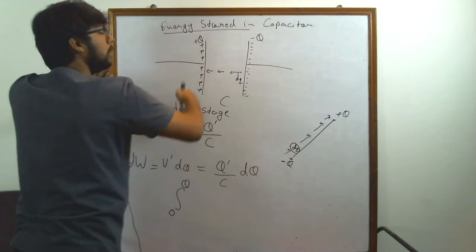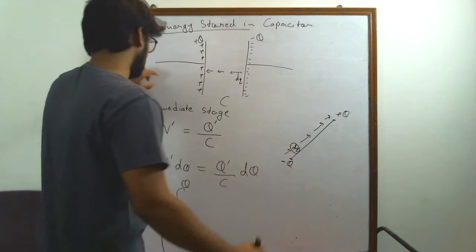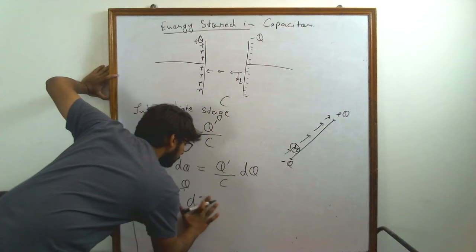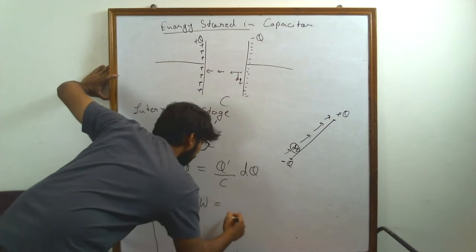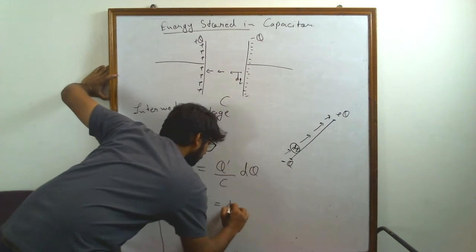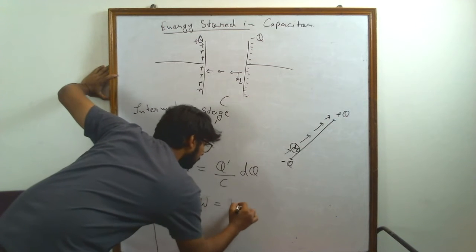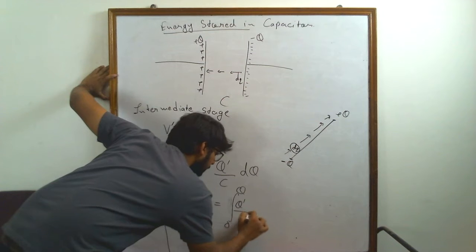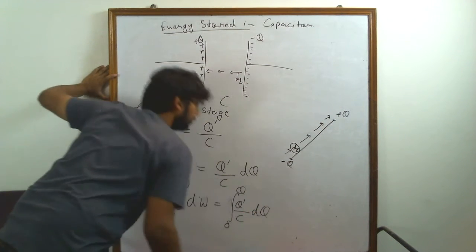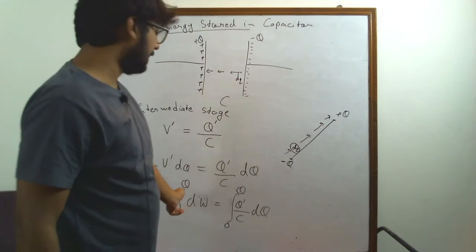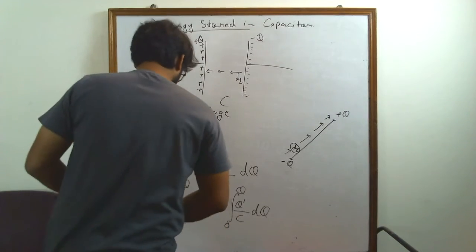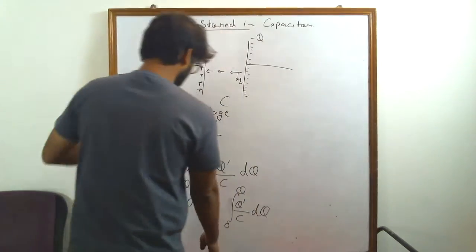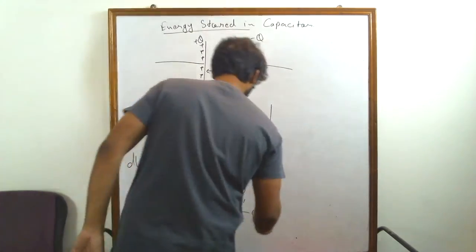I want to charge this point till Q. So integrating it this way, I will have Q dash upon C into dq. Now I can clearly see a definite integration happening over here. I can solve it very easily and simply.